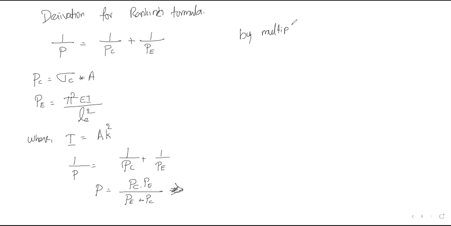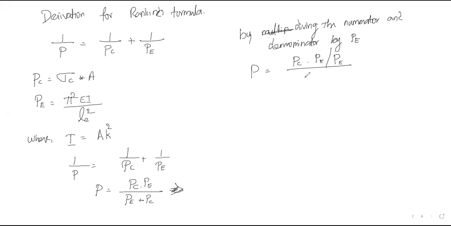By dividing the numerator and the denominator by P, P is equal to PC into PE divided by the whole of PE plus PC, divided by P, so that it gets cancelled.